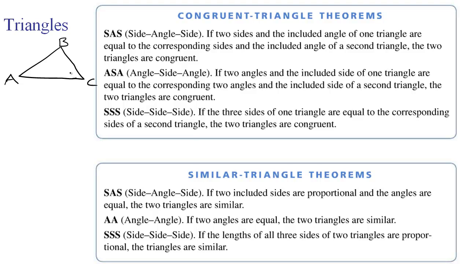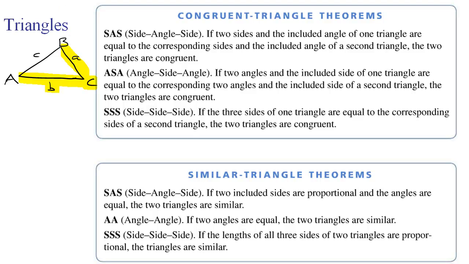So you see how C is opposite this side over here, so this is little c. And then A is opposite this, so this is little a, and then this is lowercase b. Okay. Side, angle, side means that if you pick a side, let's say we pick B, so we now have this side. Well, then we could pick this angle and this side, and that would be side, angle, side.